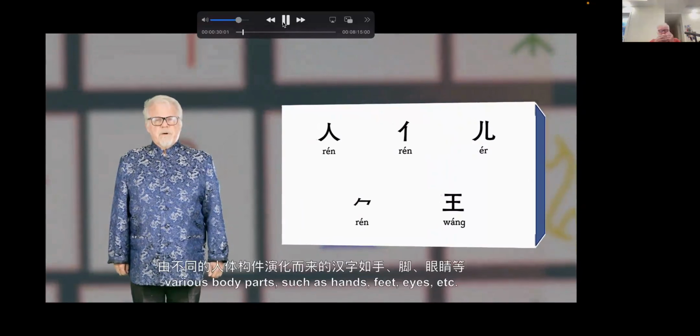The picture of the character "se." We have a ren on top and a ba on the bottom. And if we see the seal character, we see a jia on the bottom. That's different from a ba.